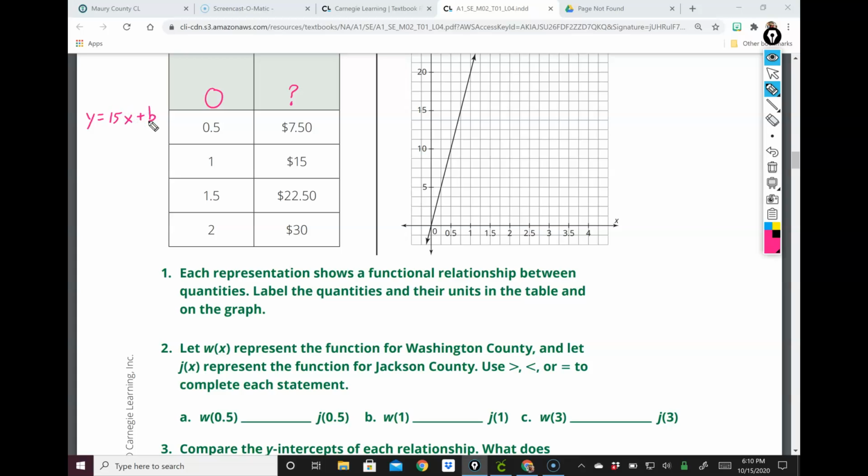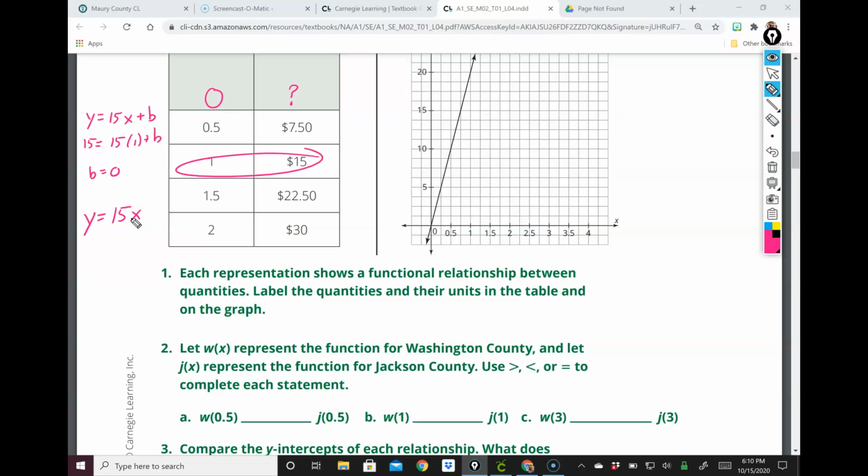And I'm going to pick a point. We can pick this point here. And let's say that $15 is my y, 15 times 1 plus b, so that does give me 0, which would make sense.